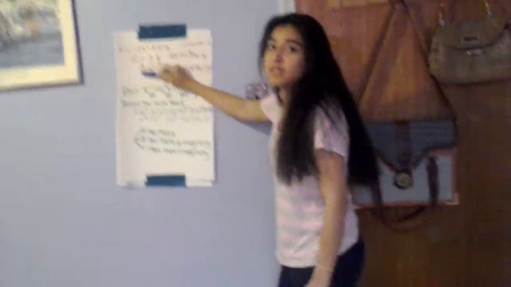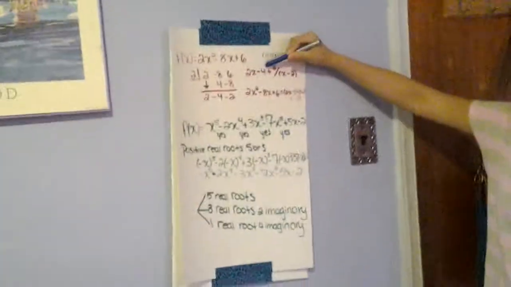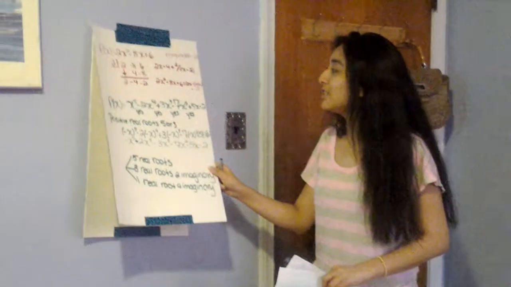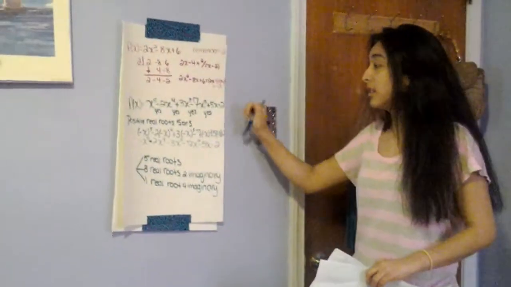You bring down the 2, and you get negative 4, and then it equals 2x minus 4 plus 2 over x parentheses x minus 2. And then over here it's factored out and right there.